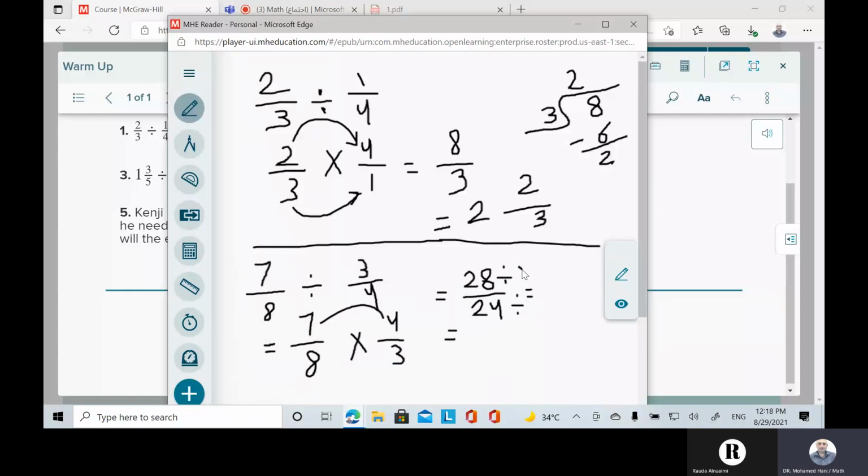The GCF will be 4. So divide up by 4, divide down by 4. 28 divided by 4 will be 7. And 24 divided by 4 will be 6. Who has any question here? Okay. Write the solution, please.